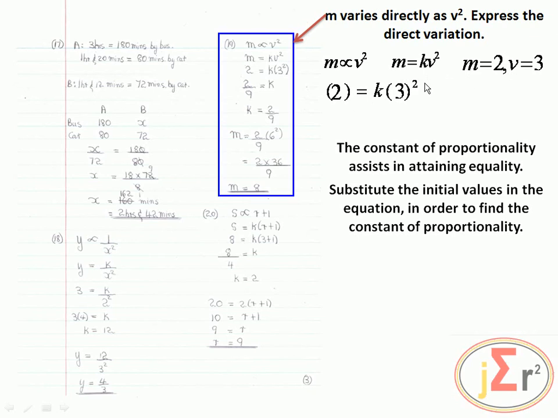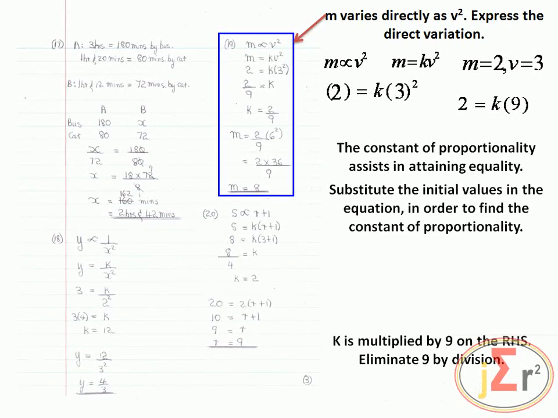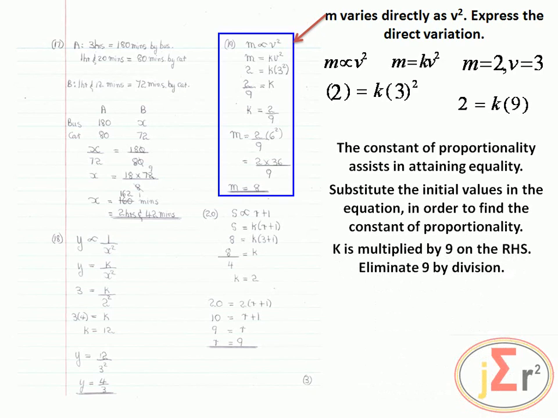Here we have the square. So 2 is equal to k times the square of 3, or 3 squared. 3 squared is equal to 3 times 3, and that is equal to 9. k is multiplied by 9 on the right hand side, as we have right here, k times 9.